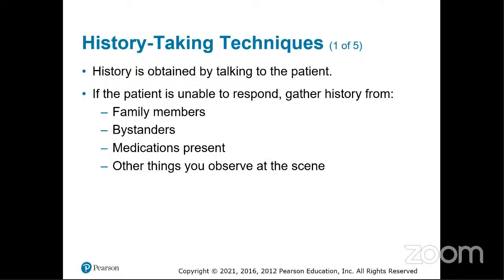Obviously you have to talk to the patient. Sorry guys, you can't just do this all on the computer. You're gonna have to talk to them to get it. If the patient's unable to respond though, there are family members and bystanders, and if they're in their home, you can go look for a medication list. There's an emblem, and I'll get a picture of it for when we do pediatrics.